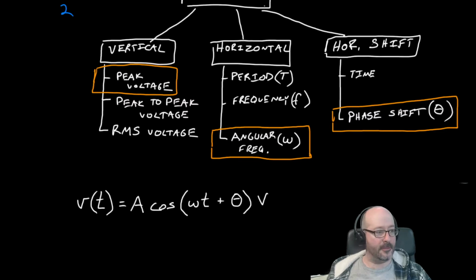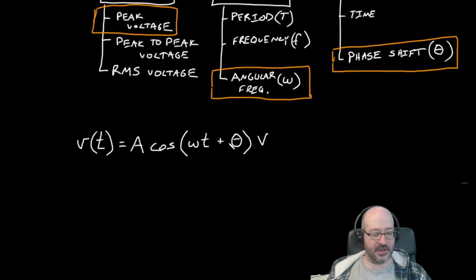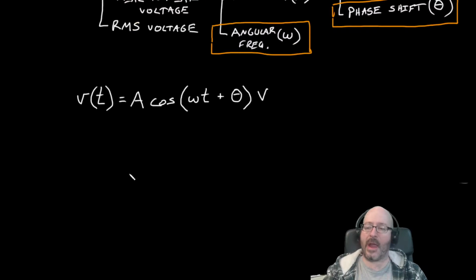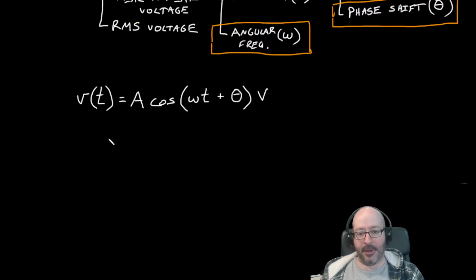Okay, so we're going to take this form, and we're going to go through what's called the phasor transformation. I'm going to convince you that this is okay in the next video, but what we're interested in is representing this as a complex number, and we're going to do that with something called the phasor transform.